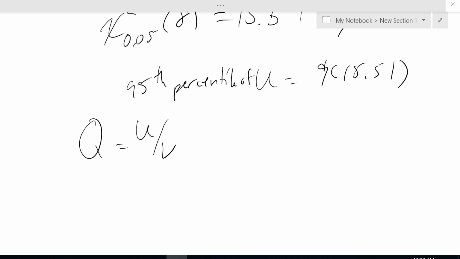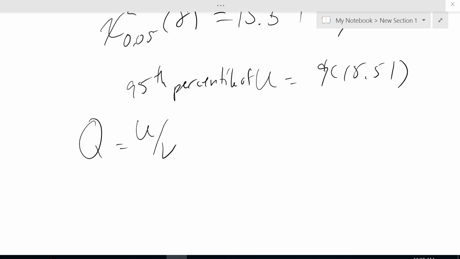I also need to multiply each of them by an appropriate constant to make them chi-squared. But notice in this case, the constant on the top and the constant on the bottom you would need to multiply by would be the 9th, like we did for the u to start with, right? To make u into a chi-square, we had to multiply by a 9th, right? I'd have to do the same thing for the v, so the 9ths would cancel.